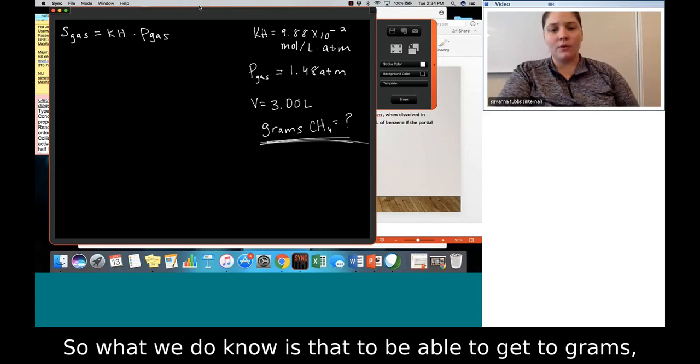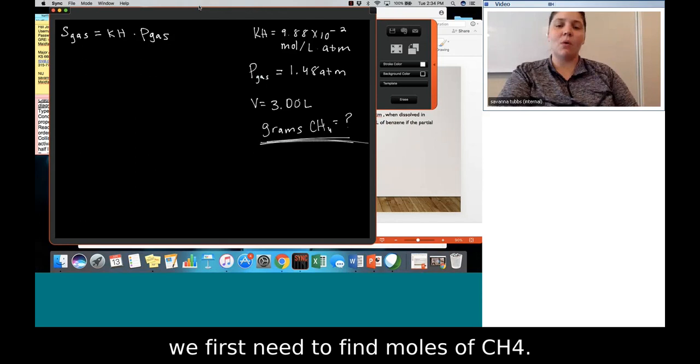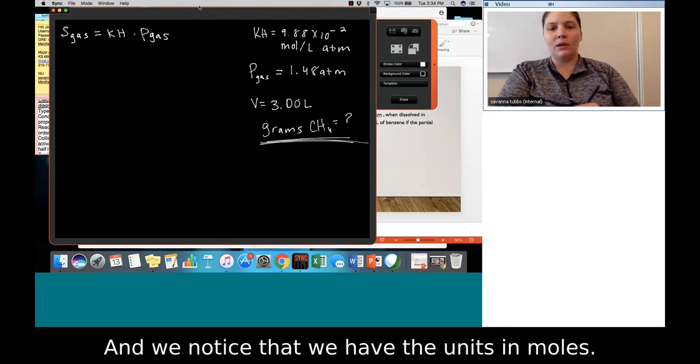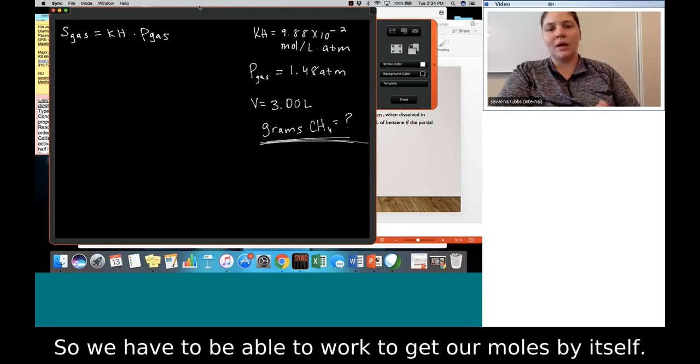So what we do know is that to be able to get to grams, we first need to find moles of CH4. And we notice that we have the units of moles. So we have to be able to work to get our moles by itself.